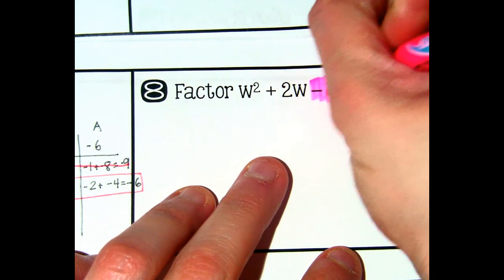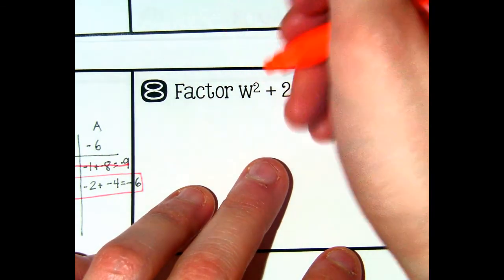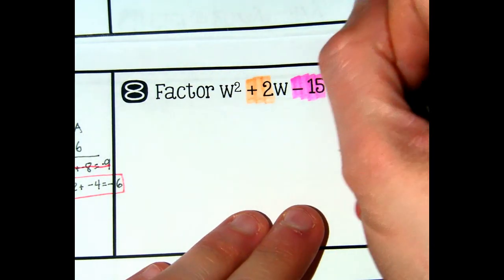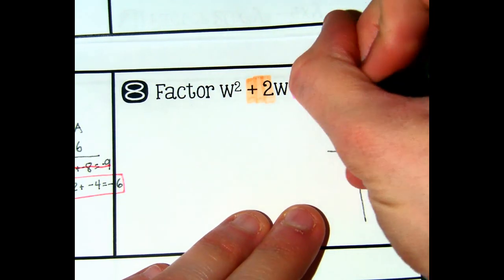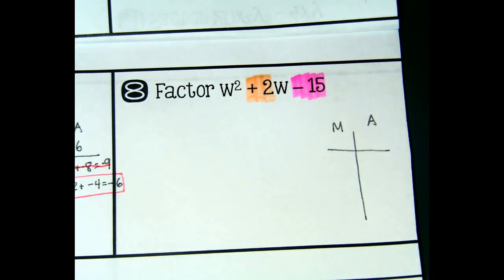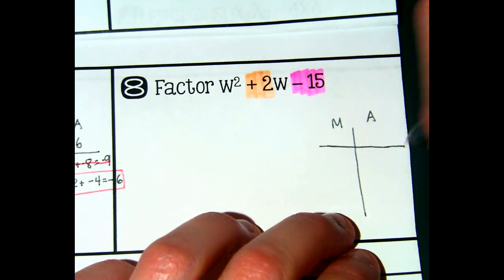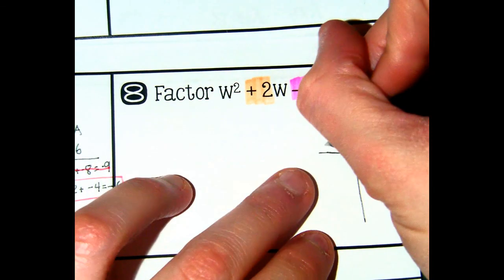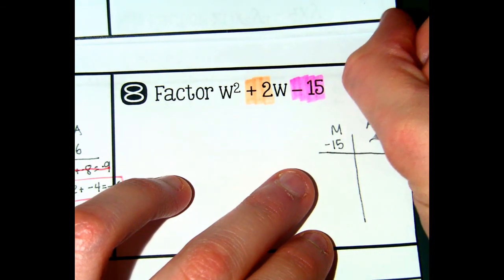Negative 15, positive 2. Okay, you're looking for numbers that multiply to give you negative 15, and add to give you 2.